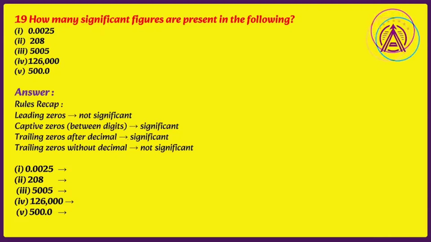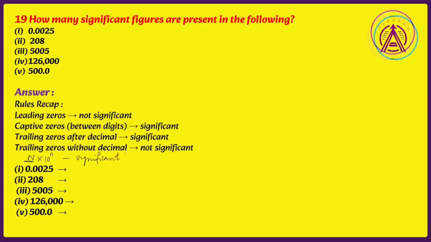Trailing zeros after decimal are significant. Trailing zeros are zeros which follow your non-zero digits. If there is a decimal, then they are significant. If there is no decimal, then they are considered non-significant. And in scientific notation, where you write N into 10 to the power n, only N represents your significant figures.